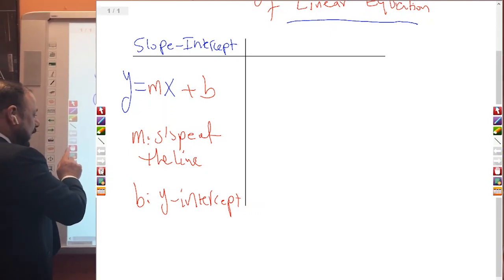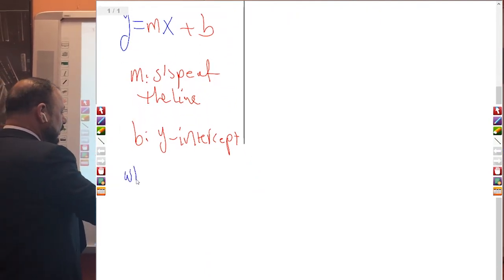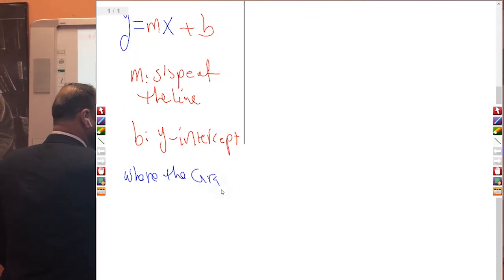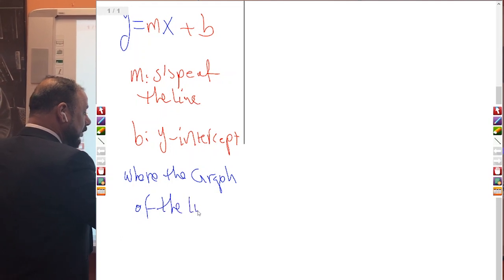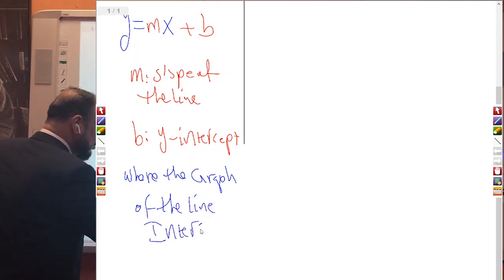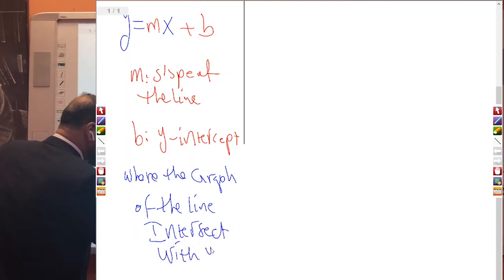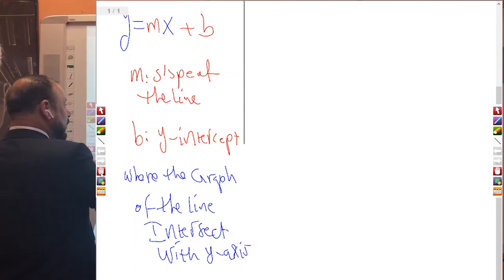What I mean by y-intercept is where the graph of the line intersects with the y-axis. Okay, this is the first form.